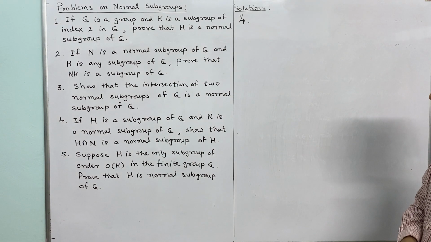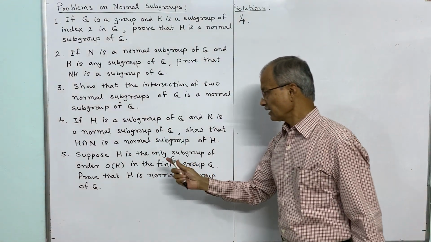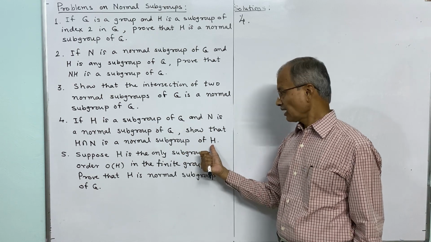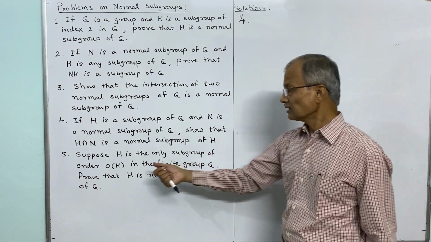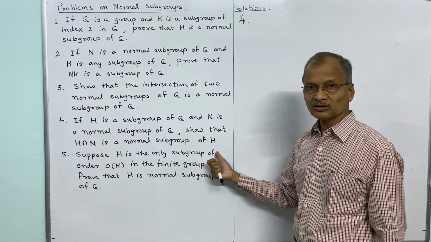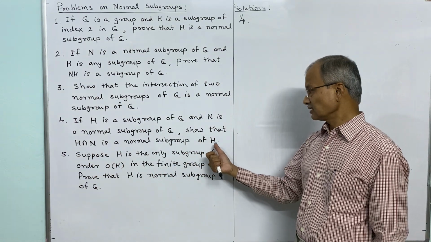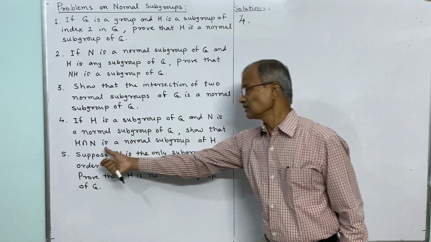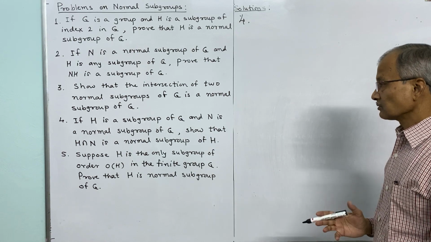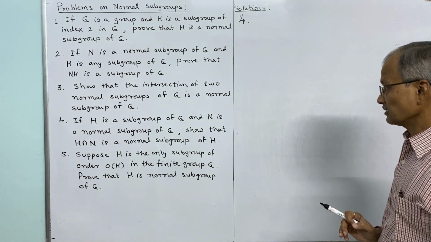Here, by the definition of normal subgroup, we consider an element h of H and an element a in H intersection N. Then we have to show h a h inverse is again in H intersection N. Then that will be a normal subgroup of H. So we shall start like this.